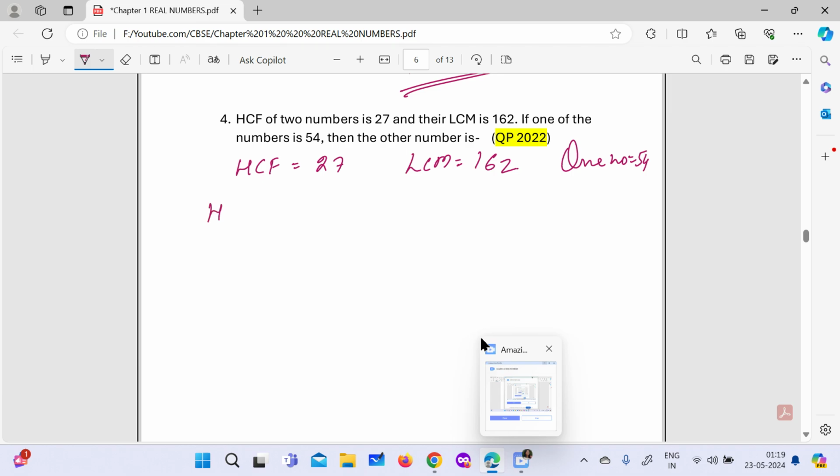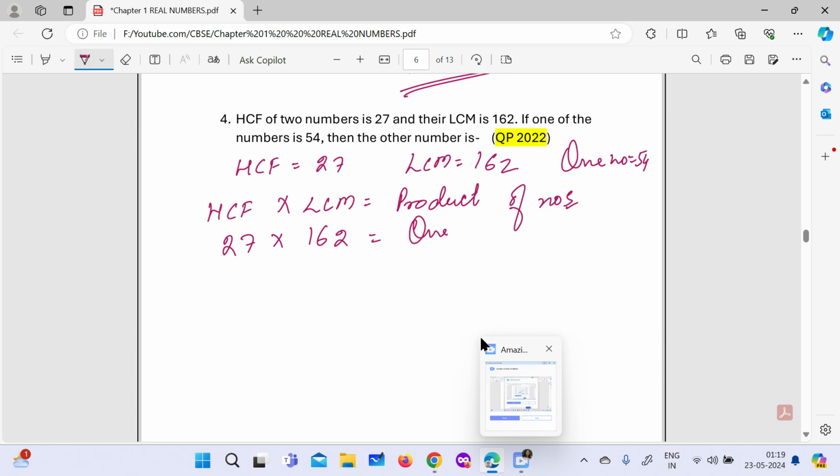So we follow the rule: HCF of the numbers times LCM of the numbers is the product of the numbers. So we write here 27 times 162, and here, if one number is 54, let me write it this way, 54 times another number.